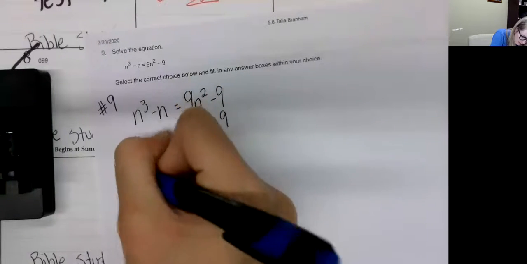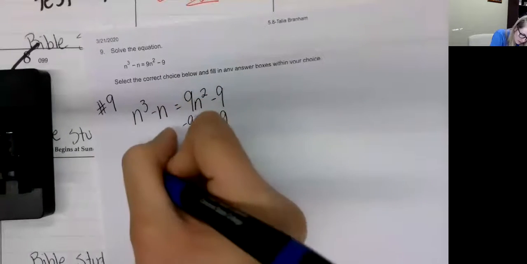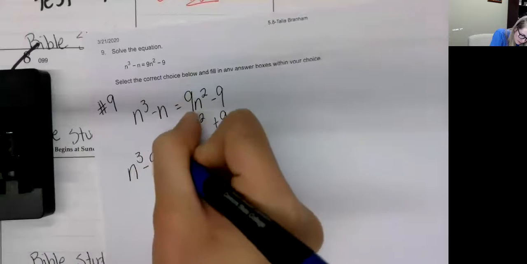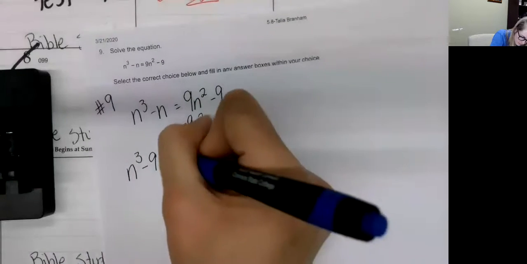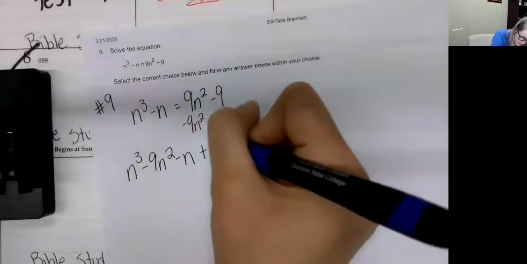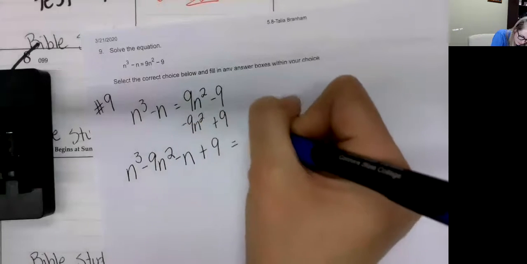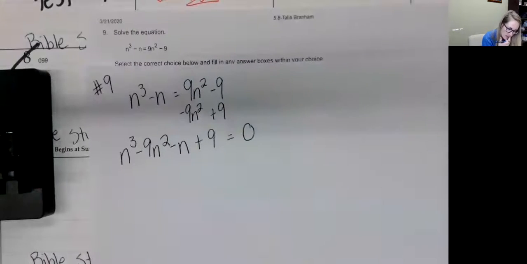So we're going to subtract 9n squared and add 9. I'd have n cubed, subtract 9n squared, subtract n plus 9 equals 0. Now I'm looking at it thinking, maybe I shouldn't have done that, but we're going to keep going.